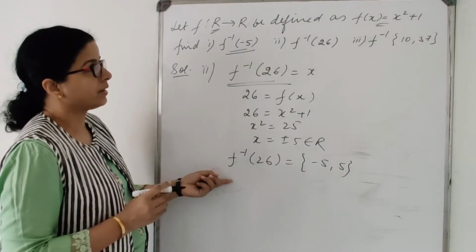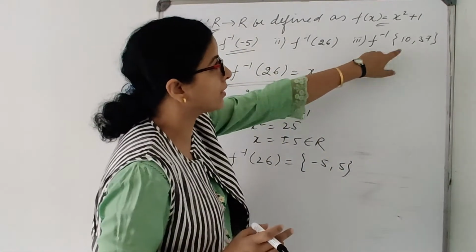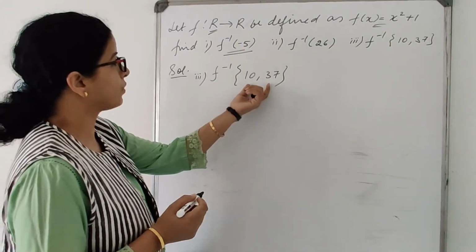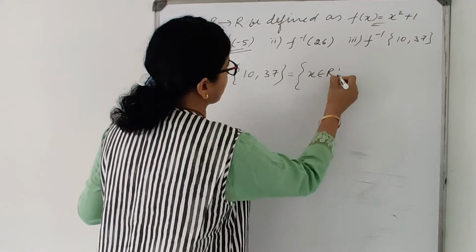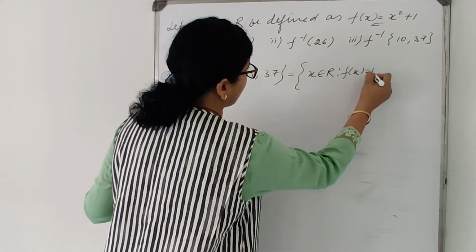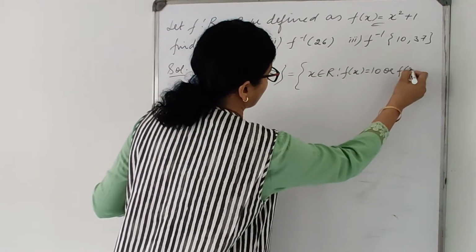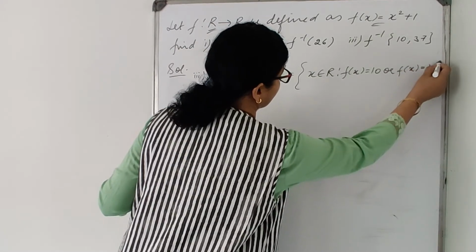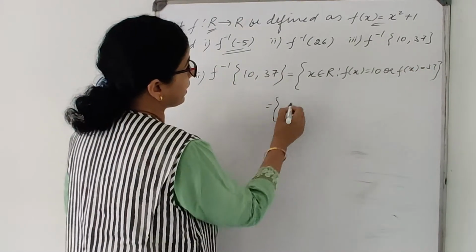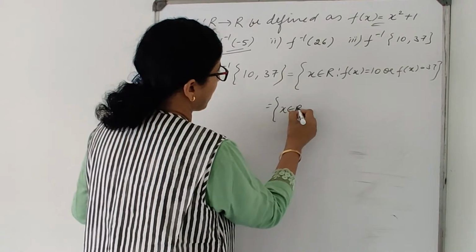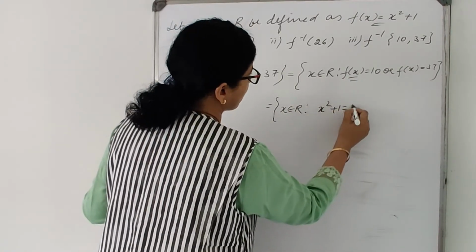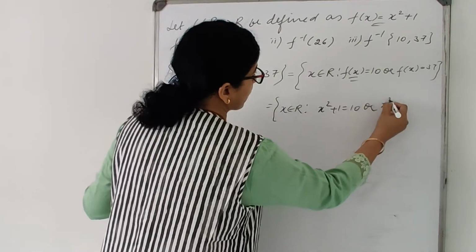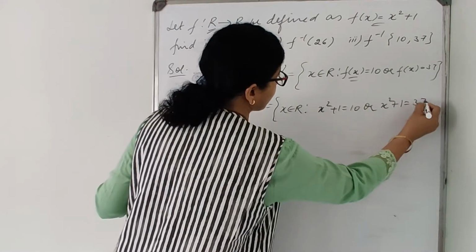Okay. Now we will check for the third part. So what does this imply? x belongs to R such that f(x) is equal to 10 or f(x) is equal to 37. So I can write x belongs to R such that x square plus 1 is equal to 10 or x square plus 1 is equal to 37.